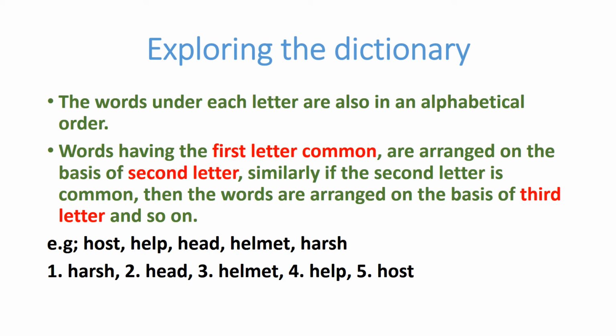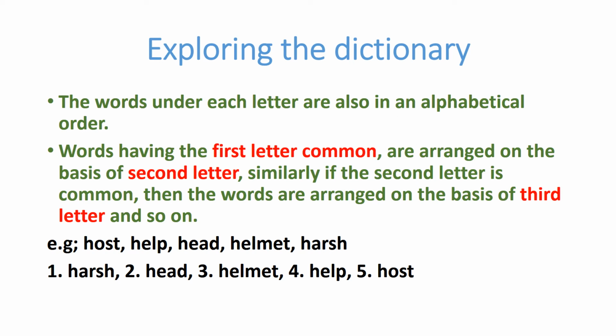When we look at the second letter, host has O, help has E, head has E, helmet has E. So these three words, help, head and helmet, have the second letter common. And when we see help and helmet, the first three letters are common. When we arrange them alphabetically, after H, the first letter we see is A, and it makes the word harsh.